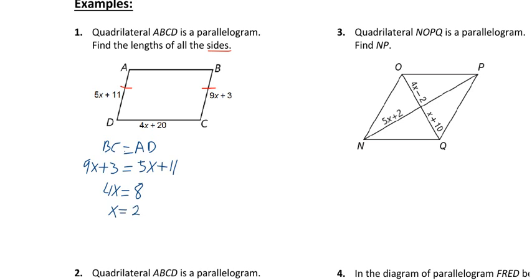So now I have the value of x, and finding the value of x, I can now find the lengths of all the sides. So AD would be 5 times 2 plus 11, and that will be 21.